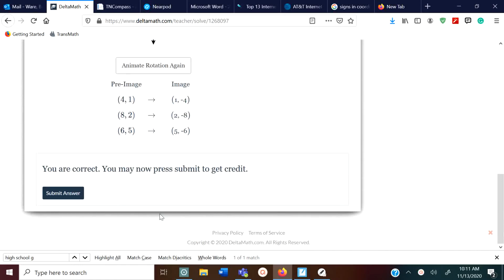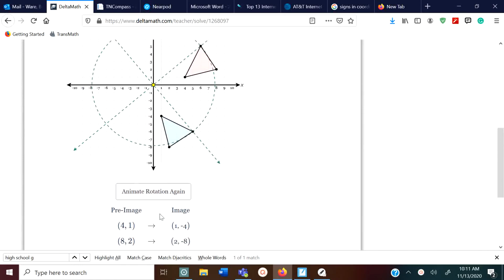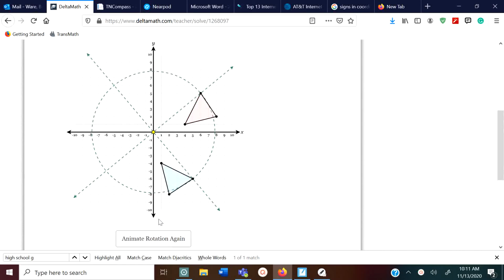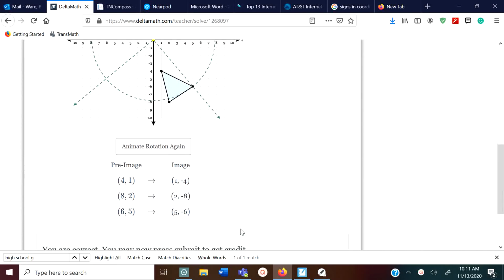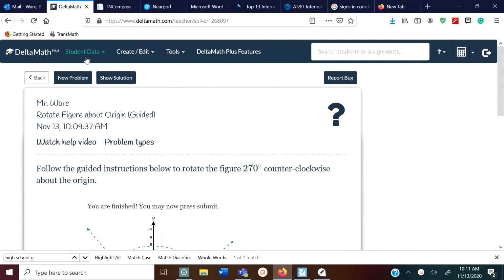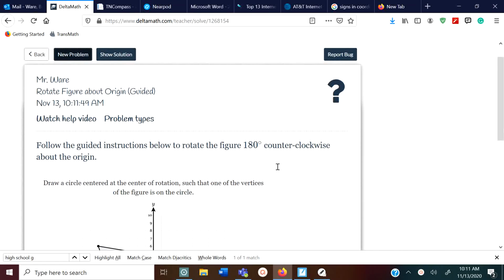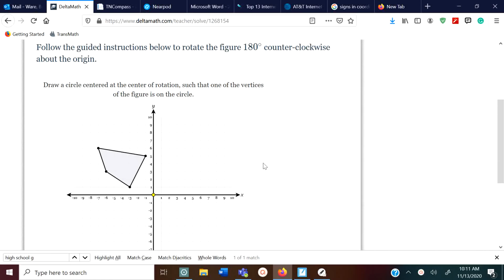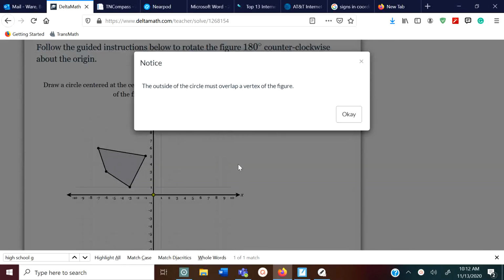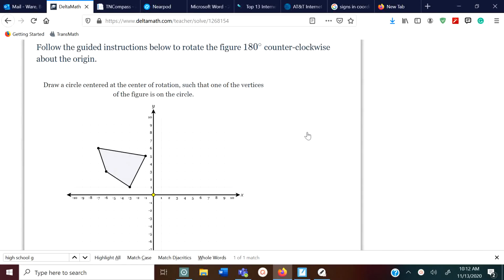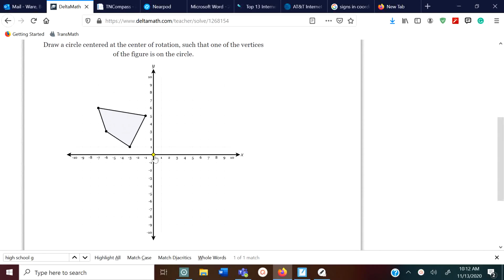There it is. Alright, let's look at another one. This is a 180. So we'll take a look at the 180 here. We're going to draw a circle. Make sure we make it big enough to get that other vertex there.